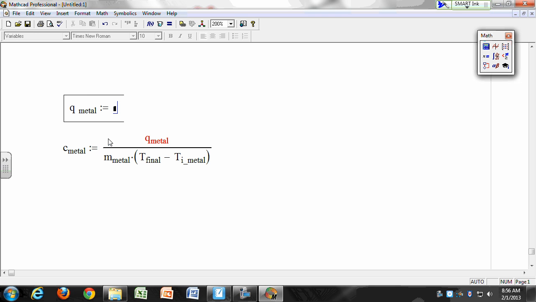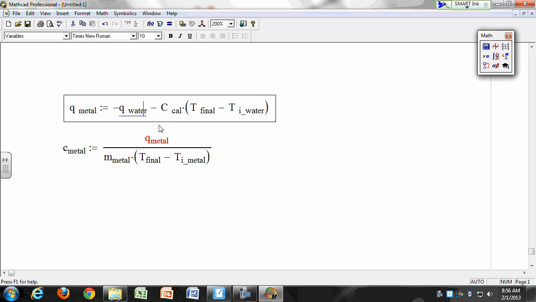Equals negative of Q water minus C cal times T final minus T initial water.